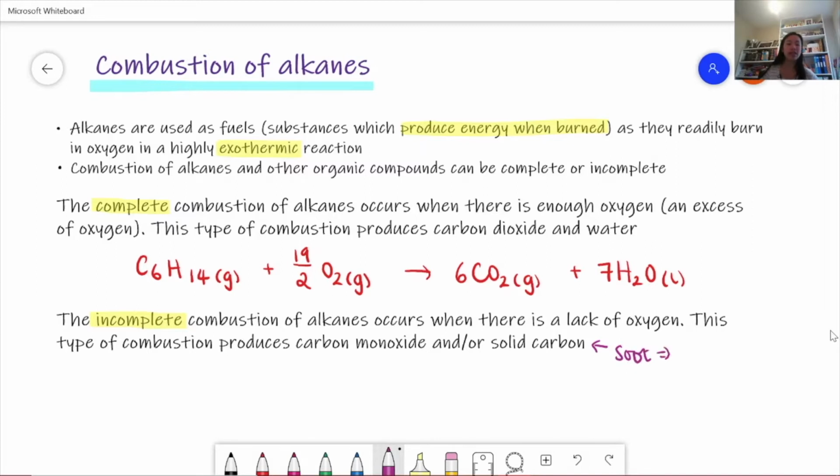And this can lead to global dimming, which is where lots of these little particles will absorb sunlight and reflect it back towards the sun, so we get less sun on Earth. And also it produces carbon monoxide, which is a highly toxic gas.